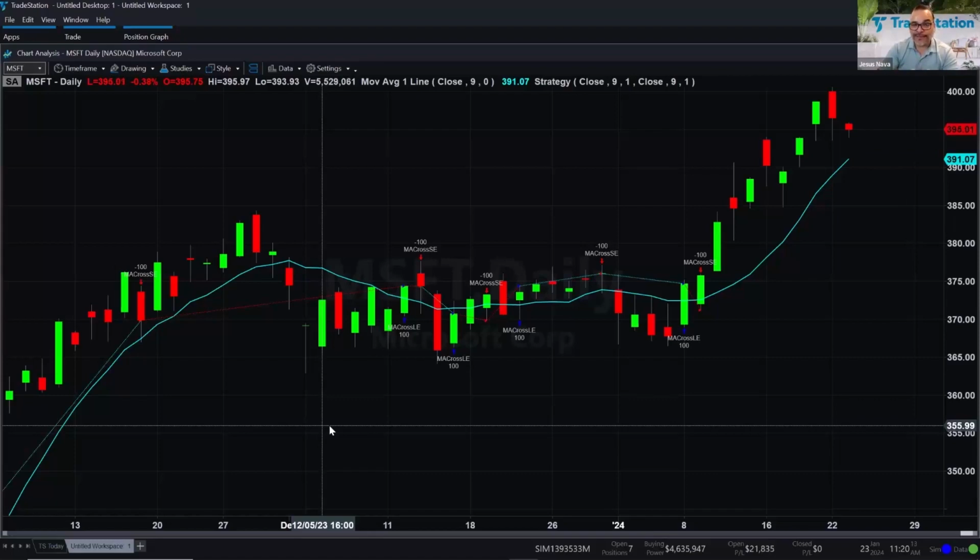Because many times on a daily chart like this, you have a big range. I mean, the difference between the high and the low is huge. And sometimes determining where the price went, if it went up or down first, could make a trade profitable or not, especially if you have strategies like a profit target and a stop loss.